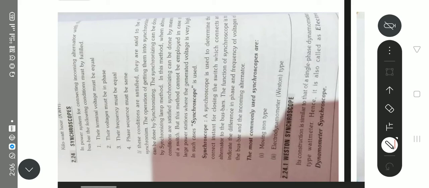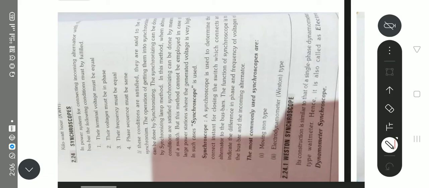In any power station or power system, we use alternators, no? In that alternator bus bar, we must compulsorily maintain the four conditions.